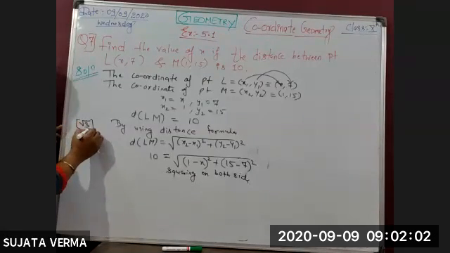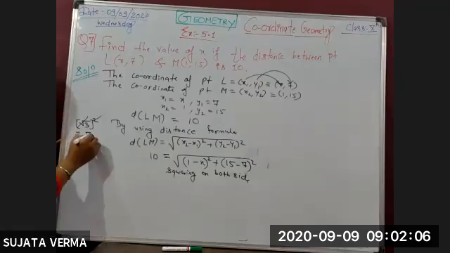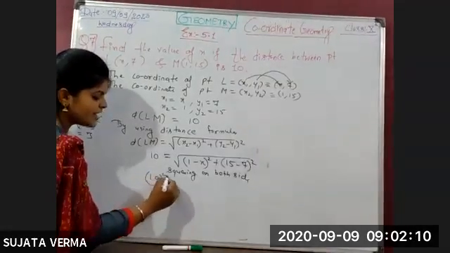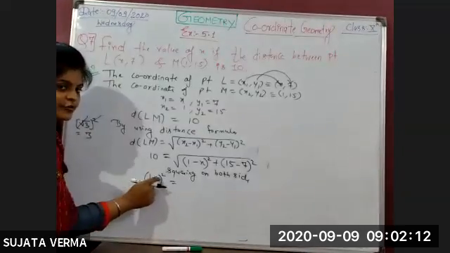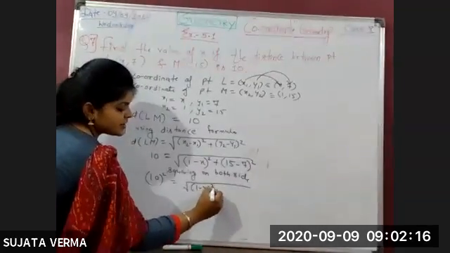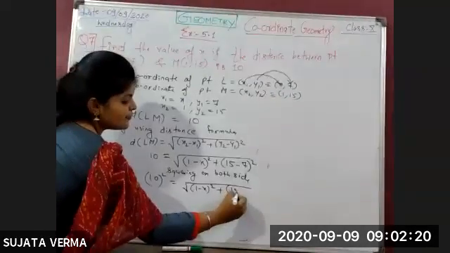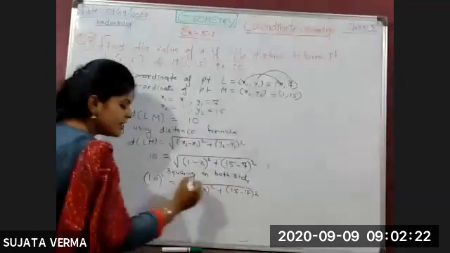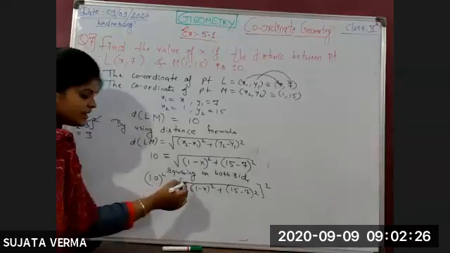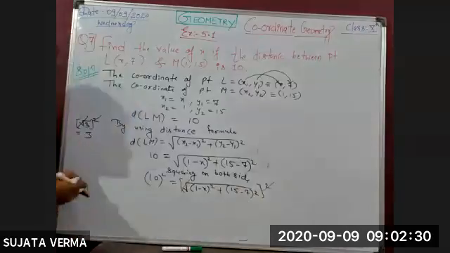If I square it, then square and root get cancelled. We get 3. Similarly, when we square both sides, here 10 square and here (1 minus x) whole square plus (15 minus 7) square, and we square it. Okay, then this square root and square get cancelled.